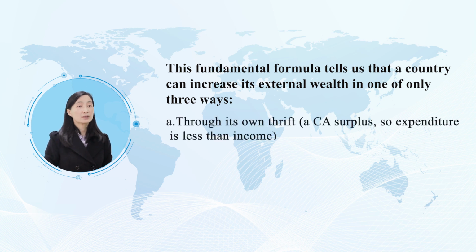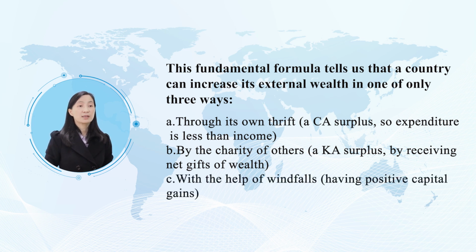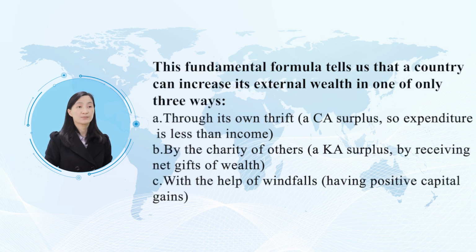A. Through its own thrift: a CA surplus, where expenditure is less than income. B. By the charity of others: a KA surplus, by receiving net gifts of wealth. C. With the help of windfalls, having positive capital gains. Similarly, a country can reduce its external wealth by doing any of the opposites.